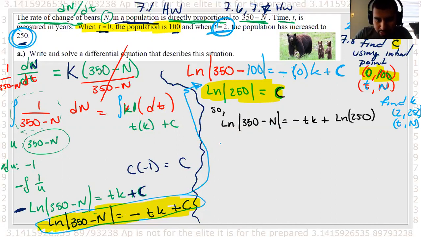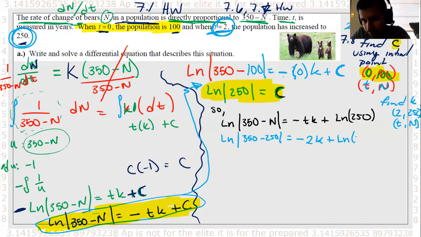So I'm going to substitute. So it's going to be ln 350 minus 250 equals my t value. Now this time it is 2, so negative 2k plus my ln of 250, because that was my c that I had just found. Okay, so let's simplify.